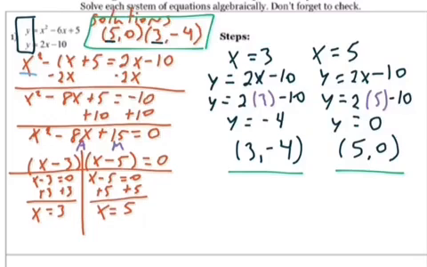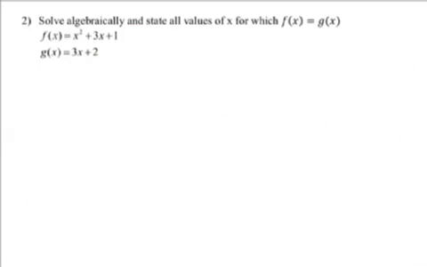Let's go on to question number 2. Question number 2 says to solve algebraically and state all the values of x for which f of x is equal to g of x. Now in this question, they're only asking you to find the x values. When we were doing this graphically, f of x equals g of x meant when the parabola and the line intersect each other.